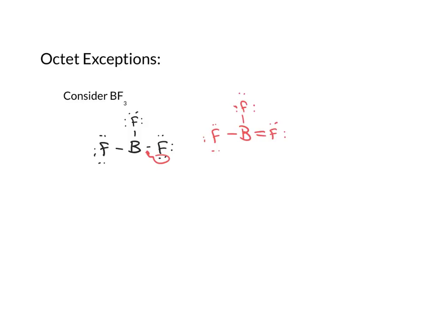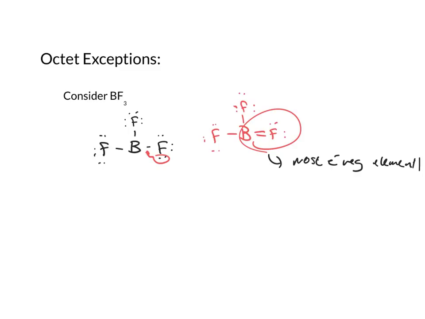Number one being the nature of fluorine itself. Fluorine is the most electronegative element in the universe. So in this structure that we've drawn here, where we have fluorine with a double bond, the boron, something that's way less electronegative than fluorine, has taken electrons away from fluorine, which is the most electronegative element in the universe.